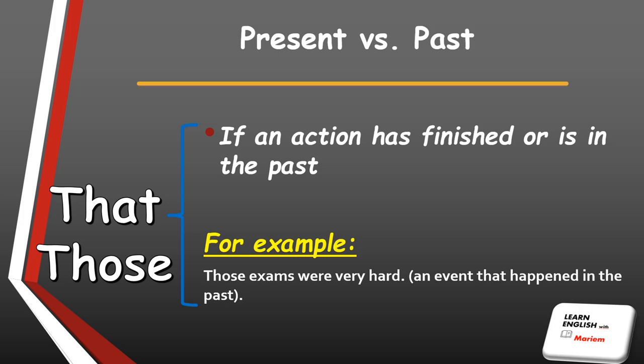This, these are used for the present. That, those are used for the past or for the finished actions. Those exams were very hard. It means the event happened in the past and has finished. So if you want to talk about finished activities in the past, you have to use that or those. If you want to talk about activities in the present, you have to use this or these.